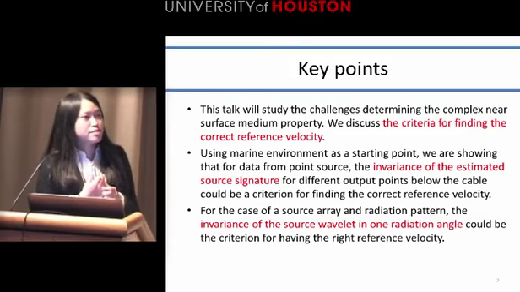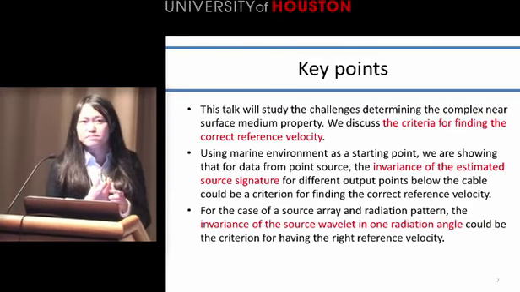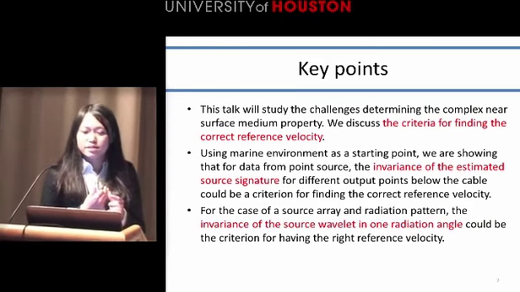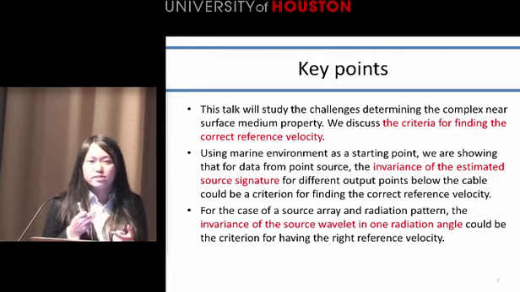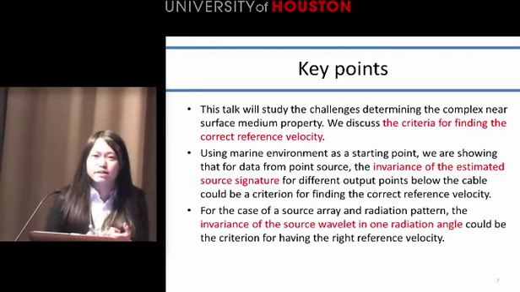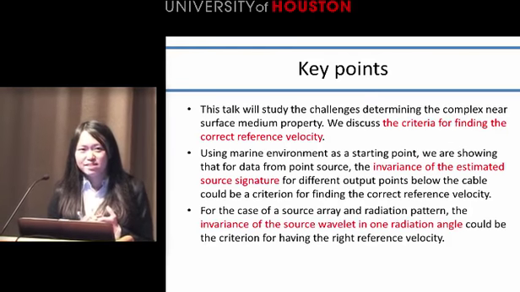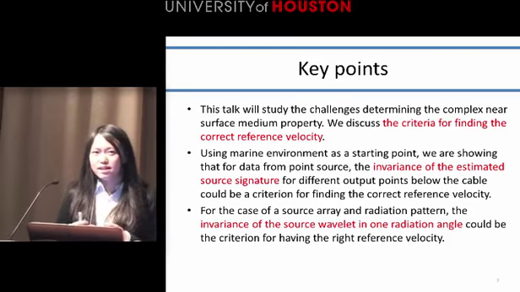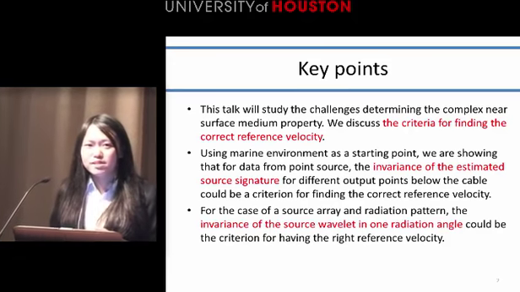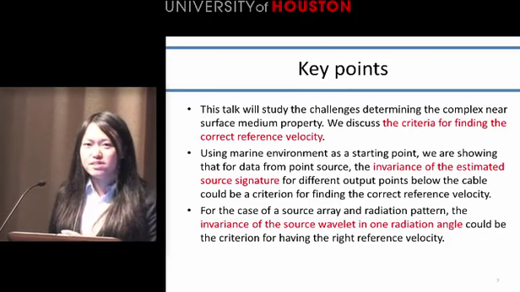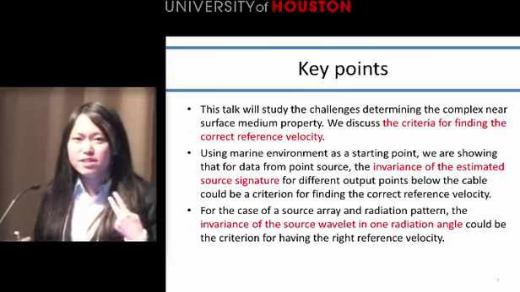And we will use a marine environment as a starting point, and we will show that the invariances of the estimated wavelet can be used as a criteria for finding the correct reference velocity. And we will study two cases.